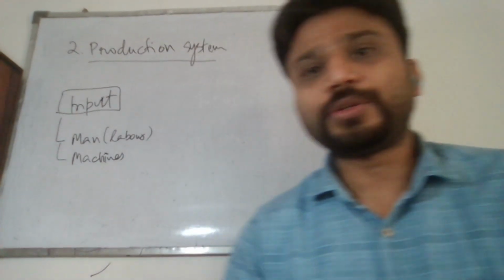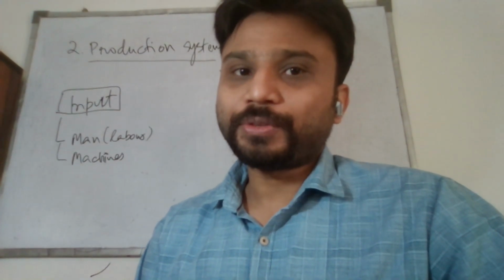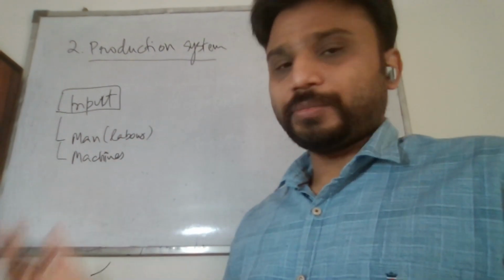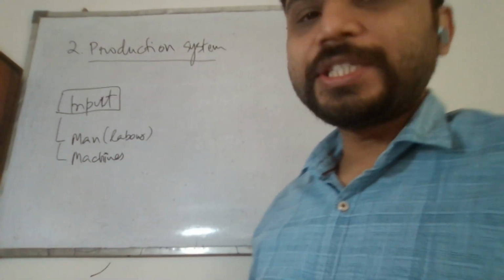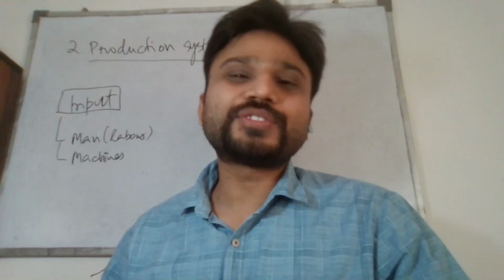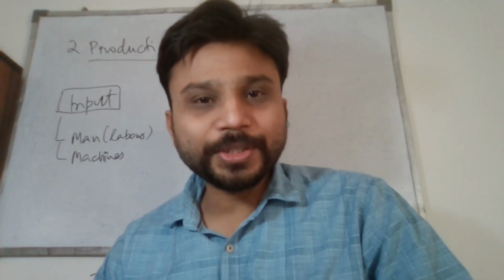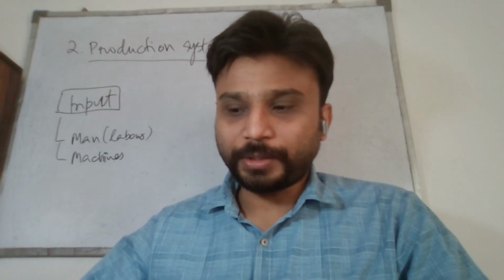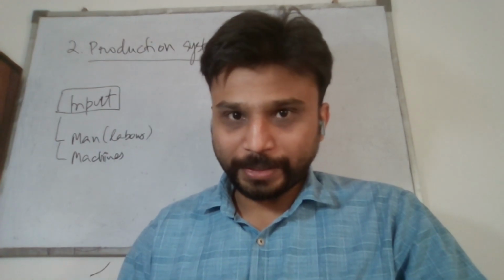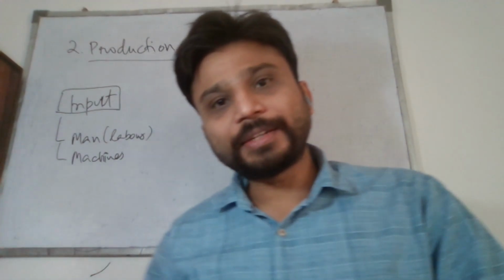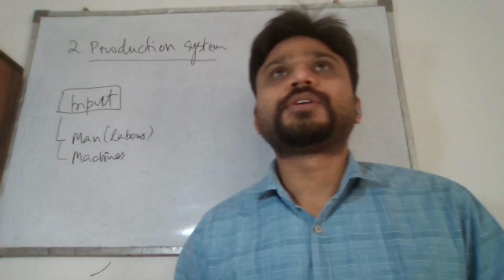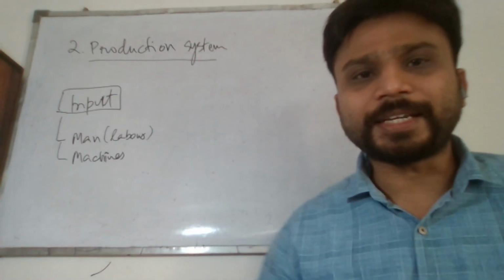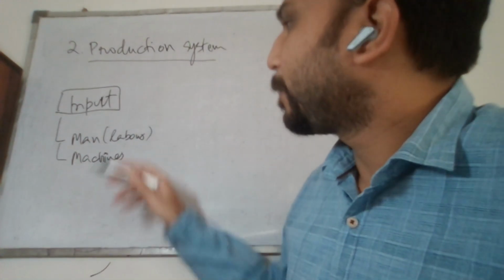The input to a brake pad production facility would be the labor required for producing the brake pads, and machines required. Now what would be the machines? Machines would be like a hydraulic press machine. Then there would be a curing conveyor belt on which the brake pads and the material can be cured. And there can be an automatic weighing system and things like that. So they all form part of machines.